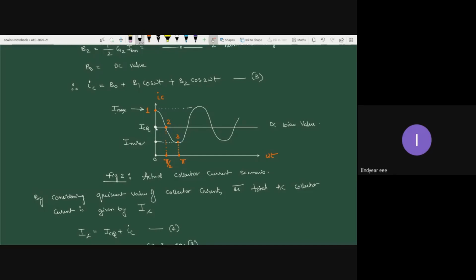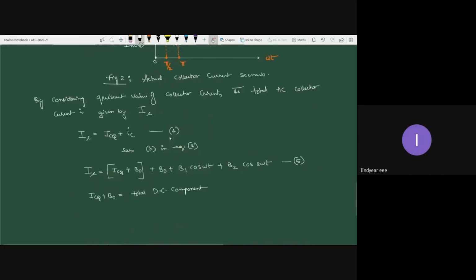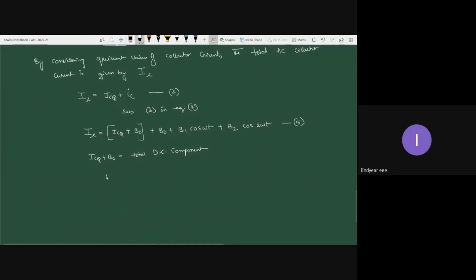And at point 2, you have IC equal to ICQ. So let us write this down: omega t and IC. At omega t equal to 0, IC is equal to I max.